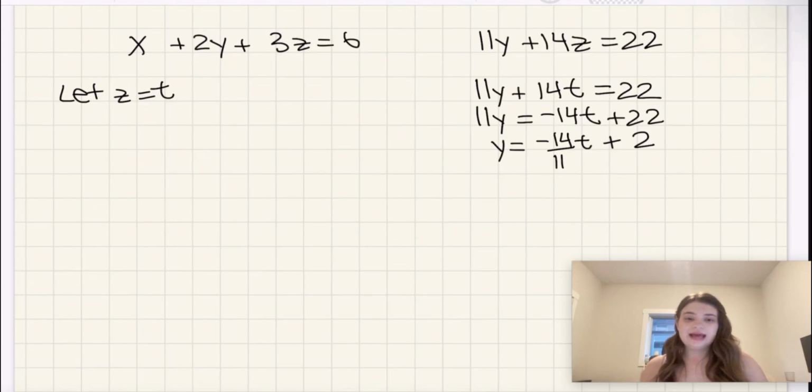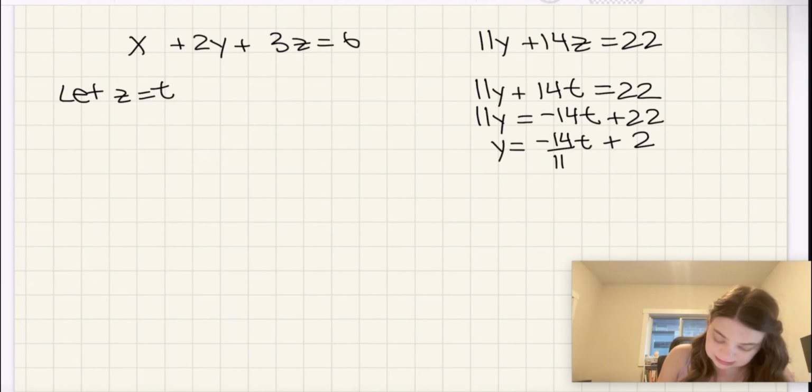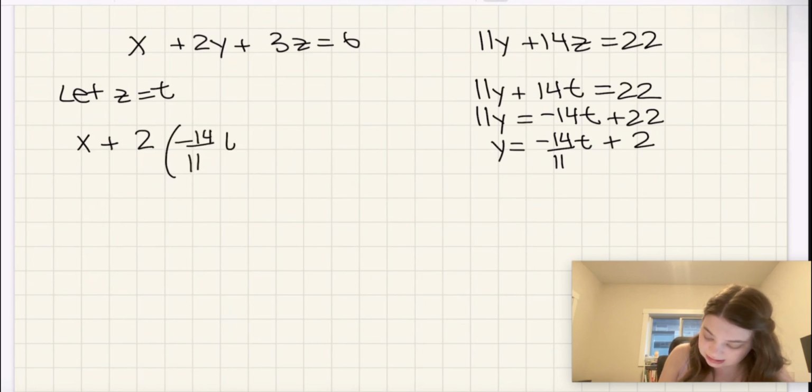Next, let's calculate x in terms of t. So to do that, I'm going to put x plus 2 times y, which y is negative 14 over 11 t plus 2, and then plus 3t is equal to 6.